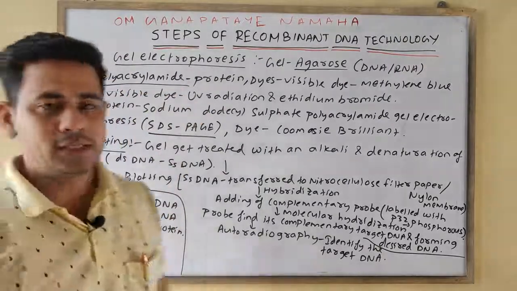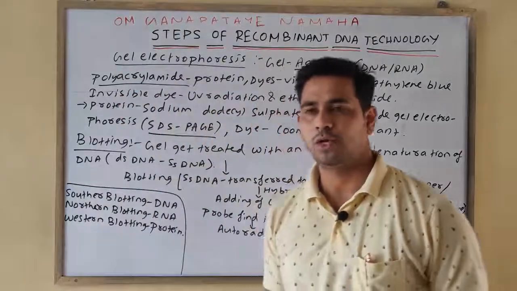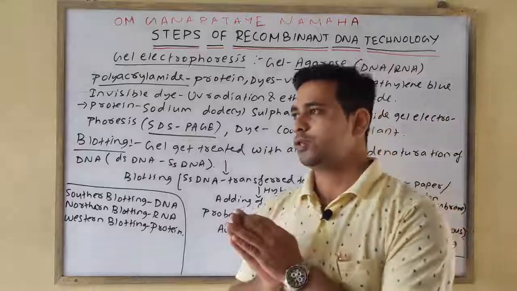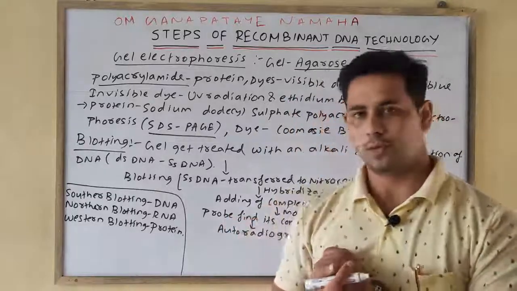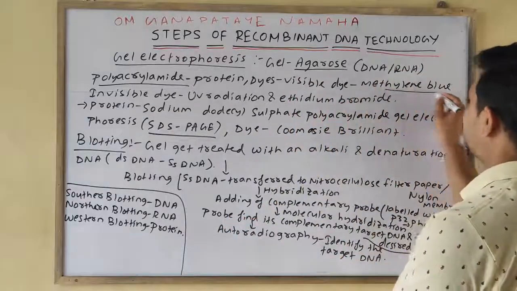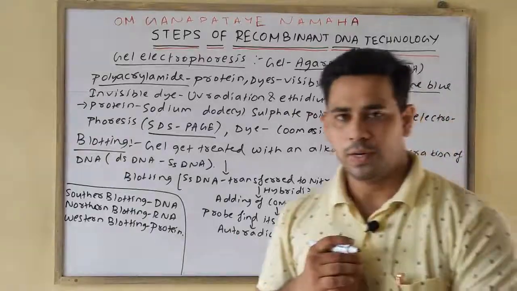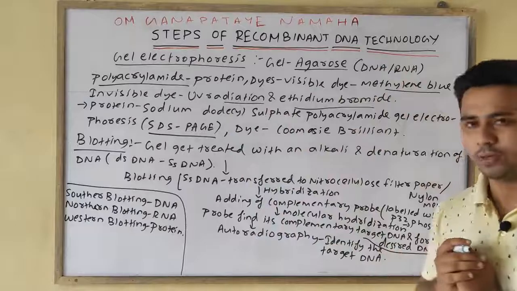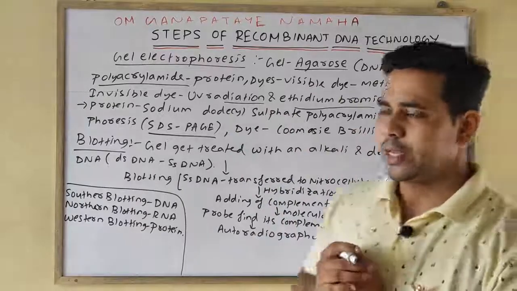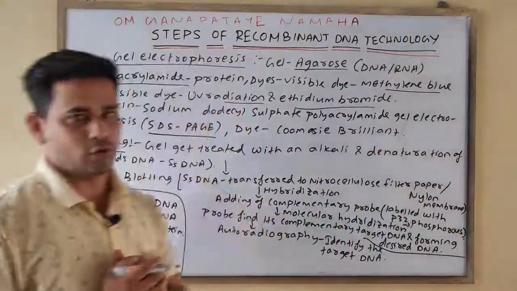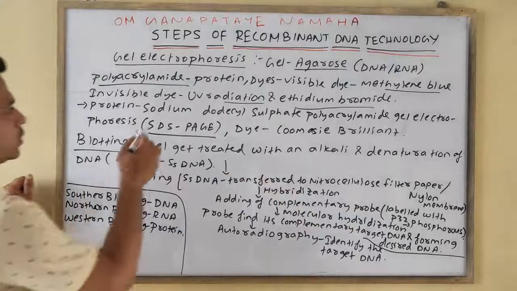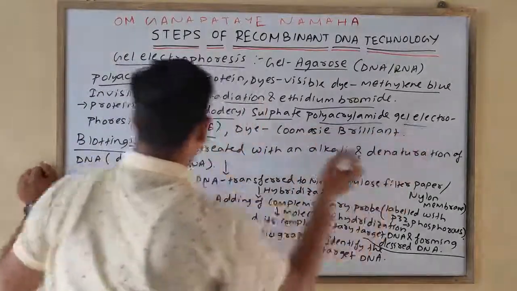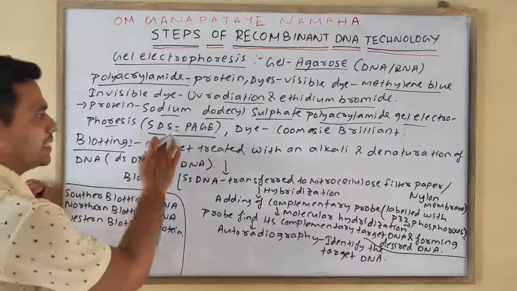There are various dyes used to identify, or to see, the DNA. Some visible dyes are present, such as methylene blue, and various invisible dyes are present, such as UV radiation or ethidium bromide. Next, for protein, a particular gel electrophoresis process is known as sodium dodecyl sulfate polyacrylamide gel electrophoresis, or SDS-PAGE.